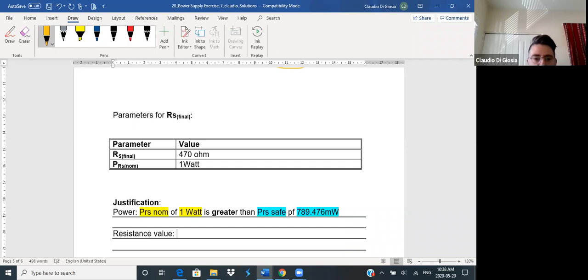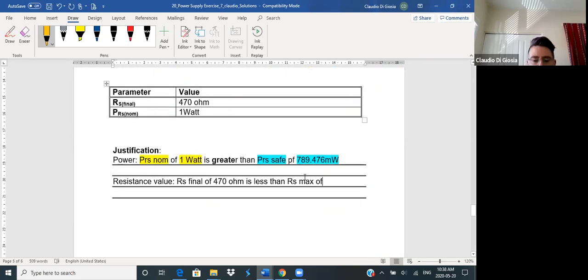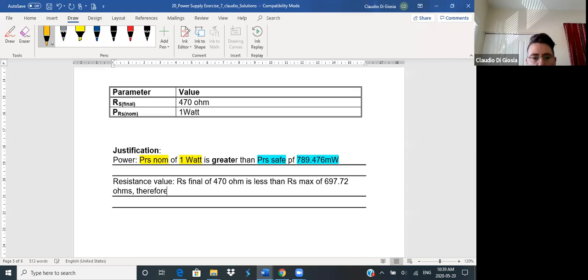So the way we justify that is that our RS final of 470 ohm is less than RS max of, what was it? 697.72 ohms. Therefore, there is enough current for both the load and the zener.